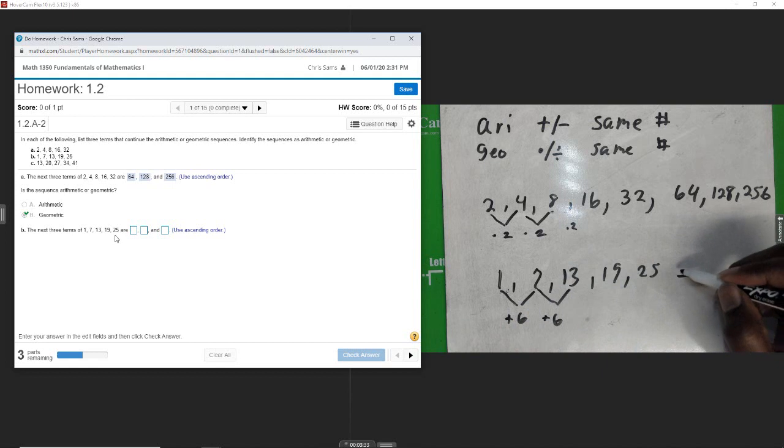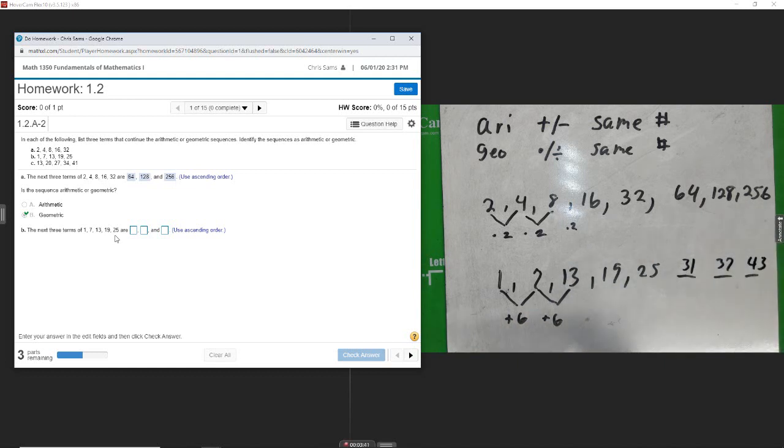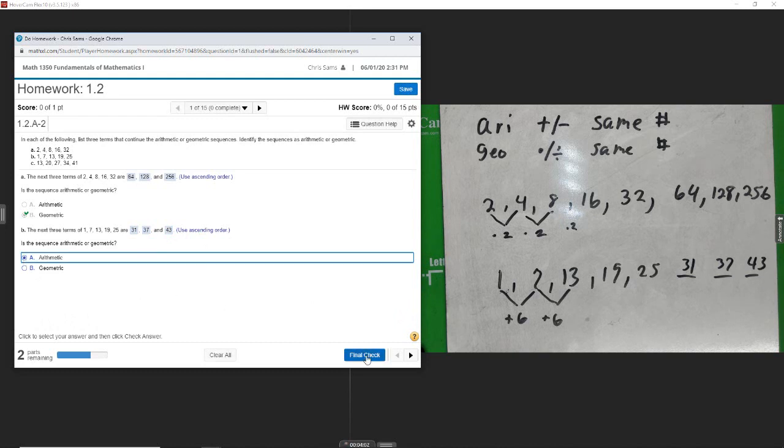So if I continue going and add 6, that will give me 31, 37, 43. Okay, so we'll add those three. And because we're adding a common difference, not multiplying, this would be arithmetic.